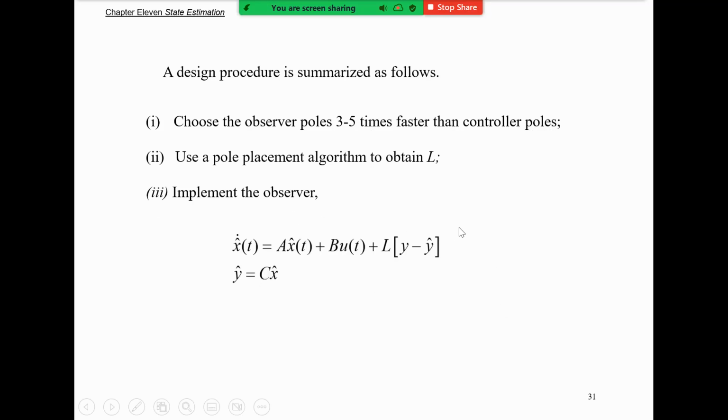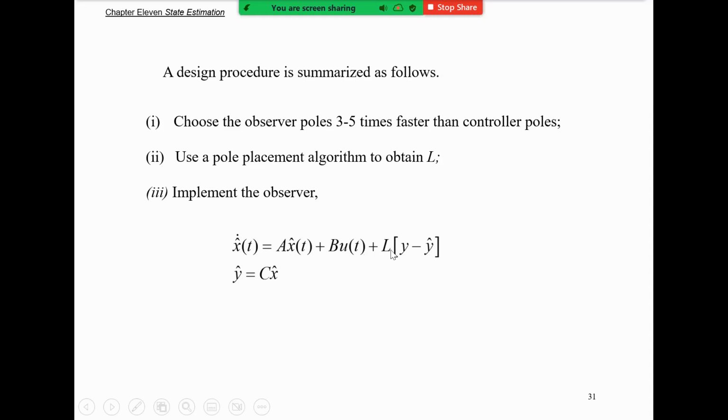Remember, when we talk about the observer, this is the equation, the algorithm for the observer. You have to write down A, B, and L. There is a feedback term in this equation. In the past, a mistake was made by students. I ask you to design the observer, but they didn't write down the equation for the observer.